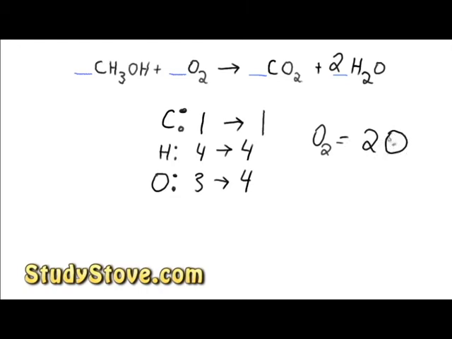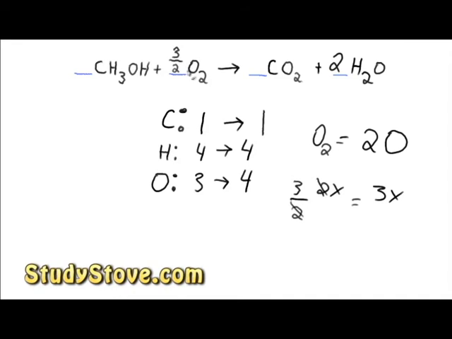Just like in math, if you have something like 2x and you want to have 3 of that, you would multiply by 3 over 2, and then you could cancel out both of these 2's, and that would be equal to 3x. You can rewind that if that doesn't make any sense to you, but it's the same thing here with the O2 or the 2O. We multiply by 3 over 2, and that gives us exactly 3 oxygens total.